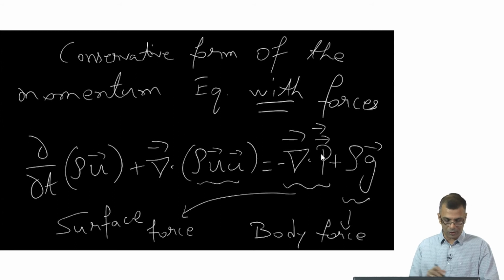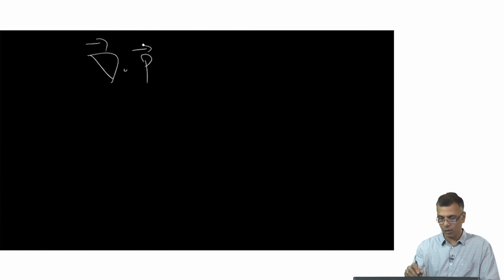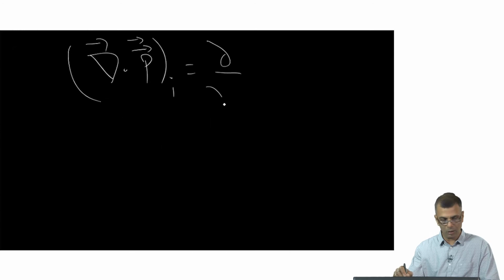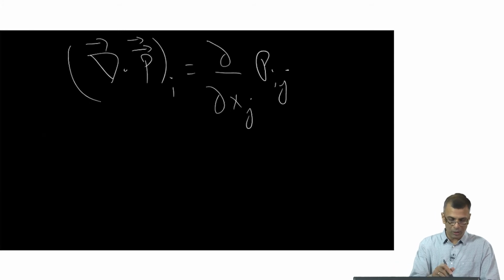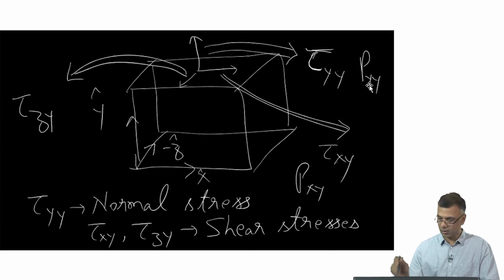The divergence of a tensor is simply this. The ith component of the divergence of this is simply this, where Pij is simply this, or this.